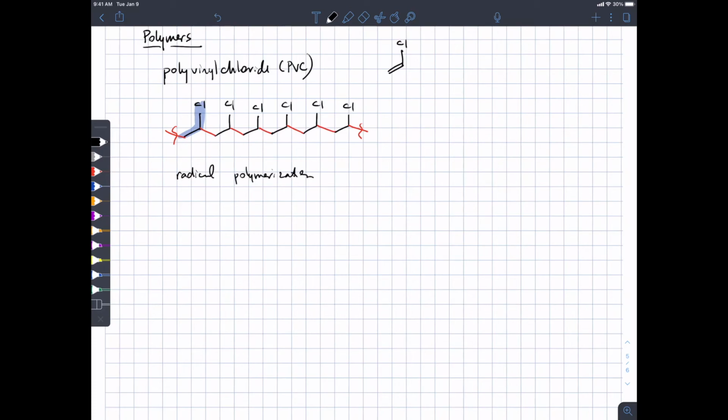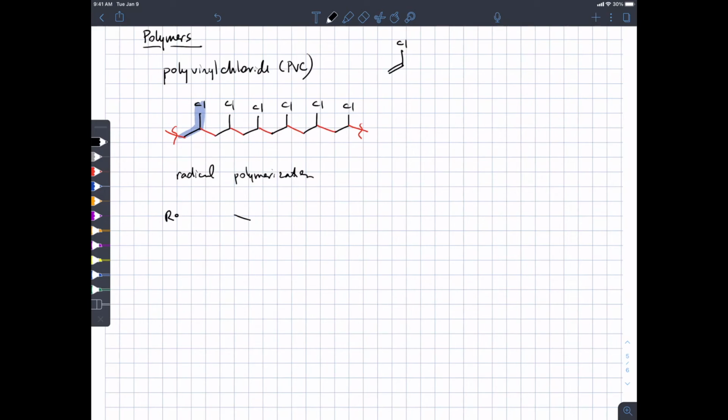So to do this, you need a radical initiator, and we won't really talk about what that radical initiator is, but we'll just use an R with a dot on it. It turns out it doesn't much matter because by far most of the polymer molecule isn't the initiator, it's the vinyl chloride subunits.